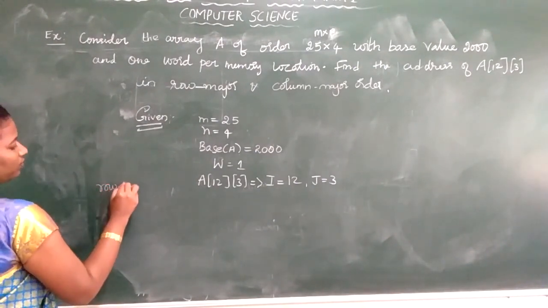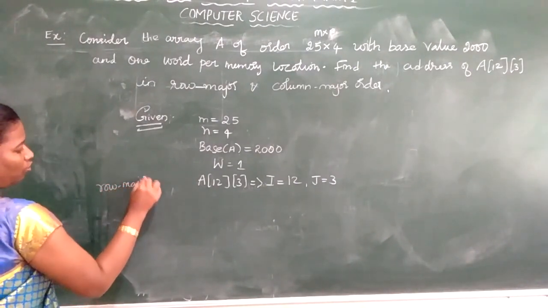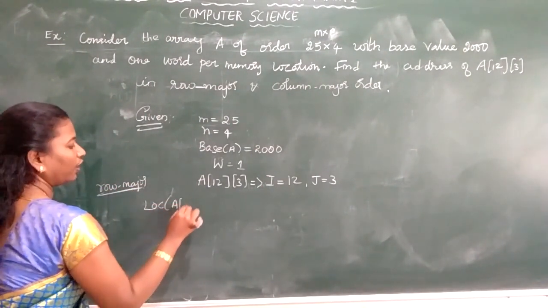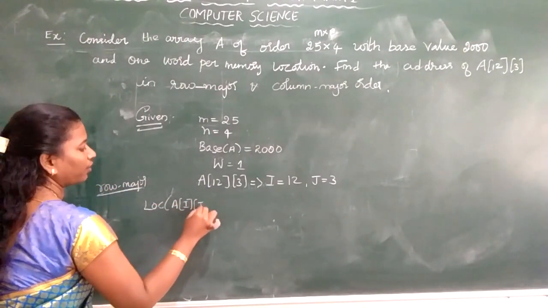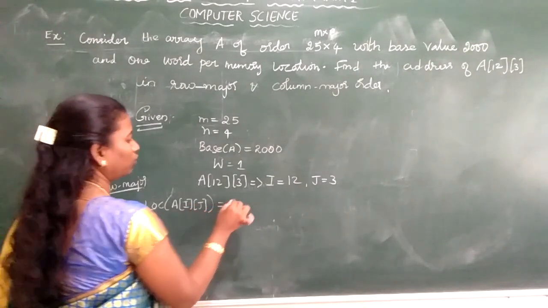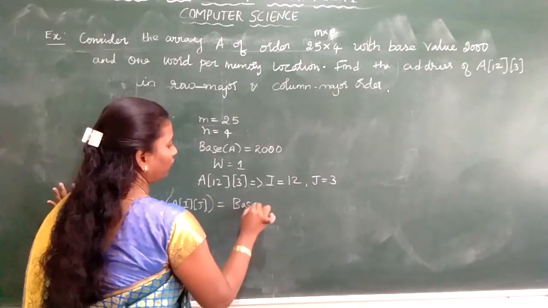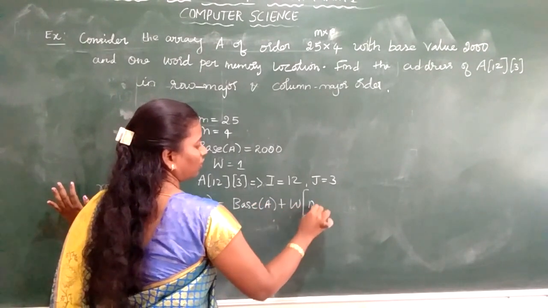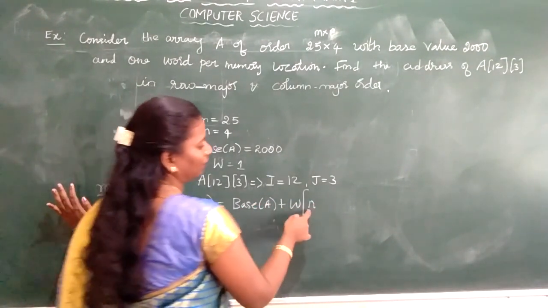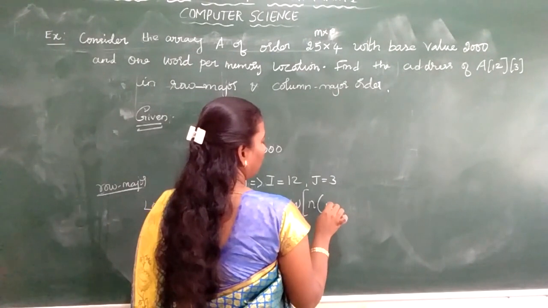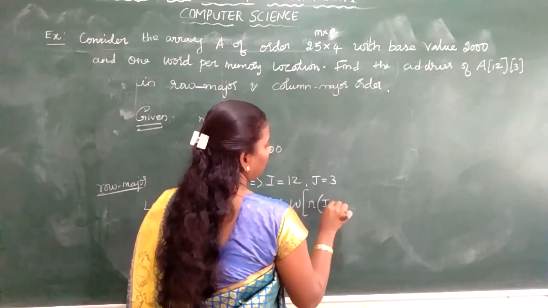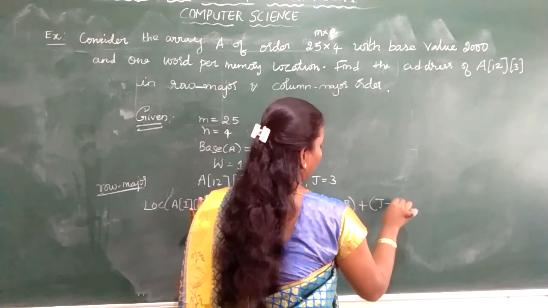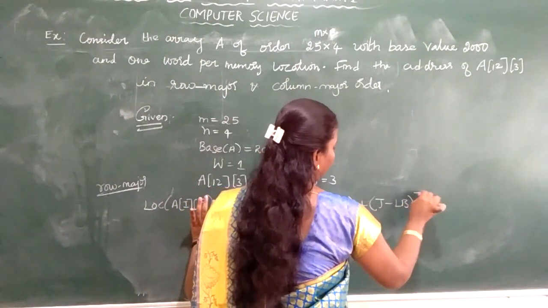Row major, the formula is location of A of I and J is equal to base of A plus W. See, this is row major. I need to multiply n with the row. N into I minus LB, plus J minus LB.